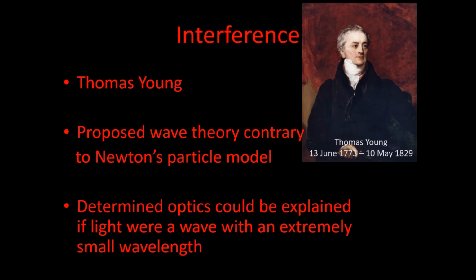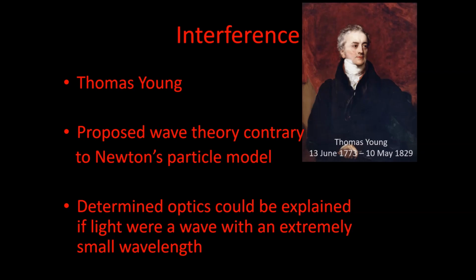And it was really Thomas Young that came along and put this completely together and proposed this wave theory. Thomas Young is another one of these people who just about did everything. In fact, there's a whole book published called The Last Man Who Ever Knew Everything. And he really was one of these geniuses. He did work in just about every field of engineering, mathematics, and physics.